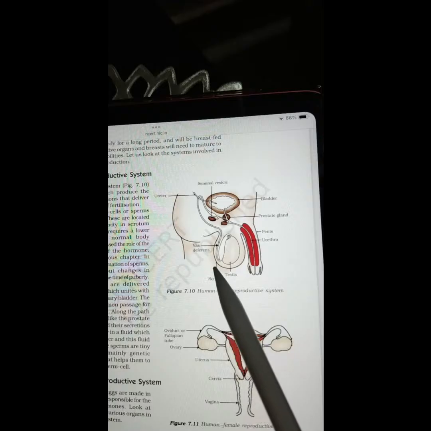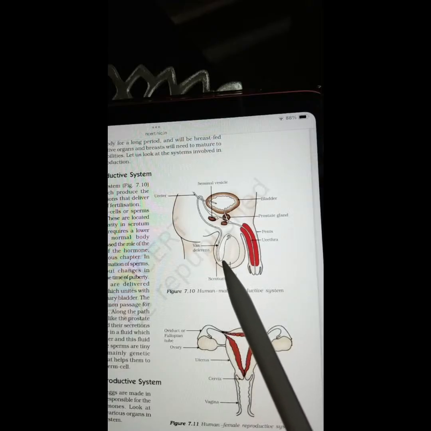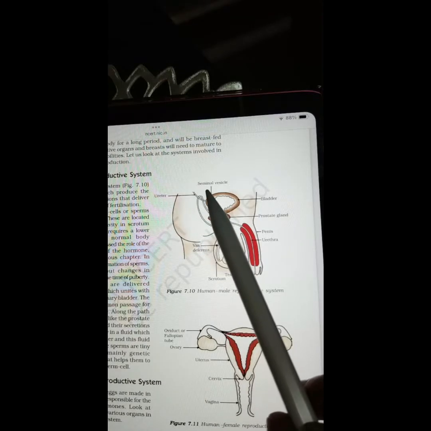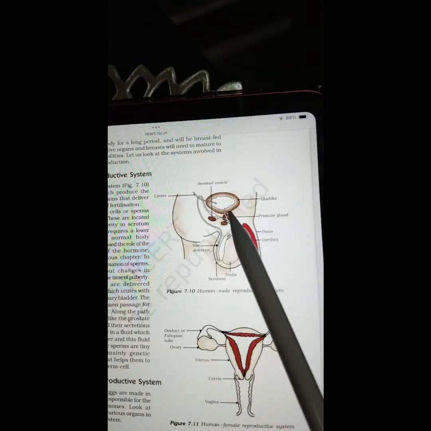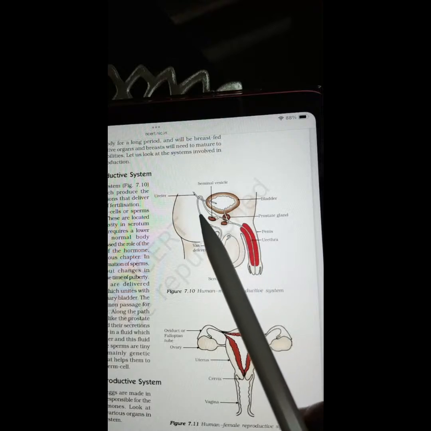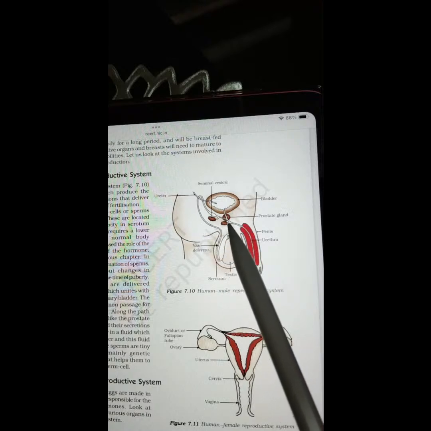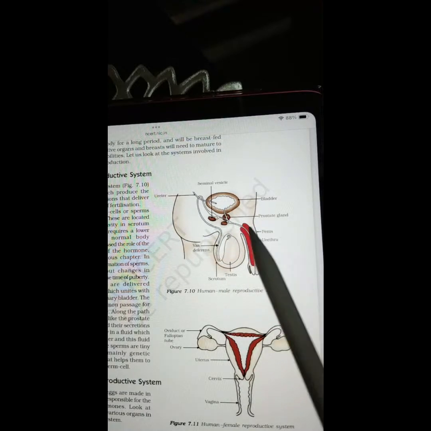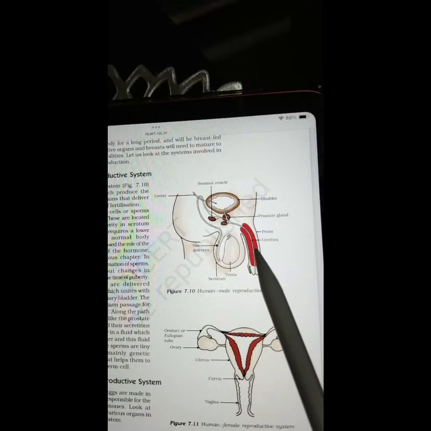Vas deferens is a tube or a duct which carries the sperms once they are formed in the testes. So as they move up, the secretions of seminal vesicle and prostate gland get mixed. So once the semen, meaning the sperm and the fluid, is ready, it will come into the urethra. So urethra of male is a urinogenital structure because it is carrying urine and the gametes, sperms, both.